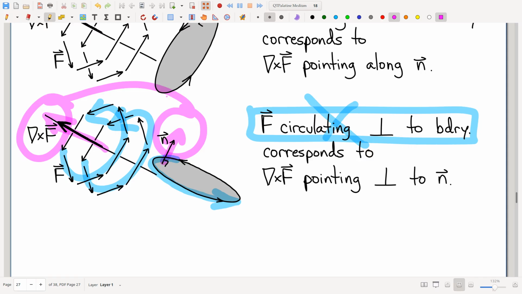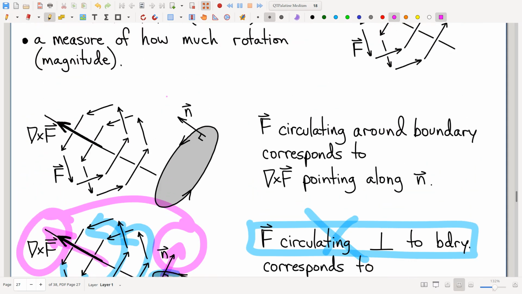And geometric appeal, I claim this kind of always works. In some sense, how, let's see if I can do this with my hand, how the surface, let me come back up to the top one, how the surface has its boundary aligned with the rotation of the fluid is kind of simultaneous with how the normal is in the direction of the curl.